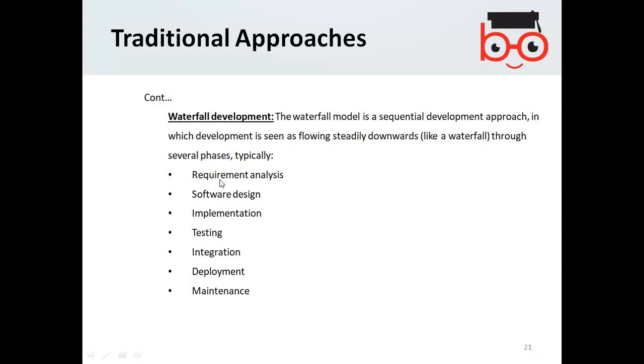For example, after the requirement analysis, you did a software design and then an implementation, and then you are not allowed to do the analysis again at any stage. Every stage has to be completed and moved forward accordingly, otherwise the approach will not be considered a waterfall approach.